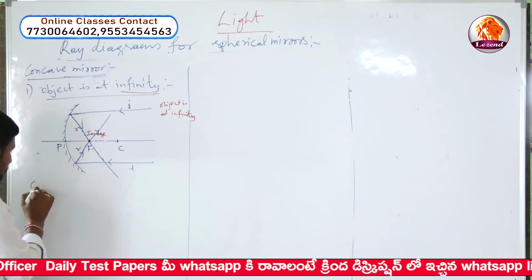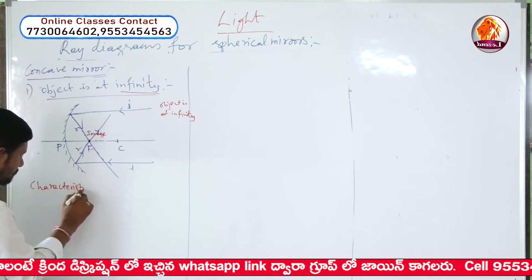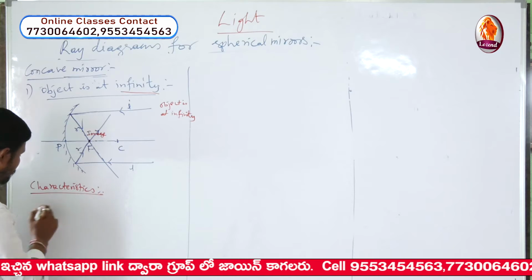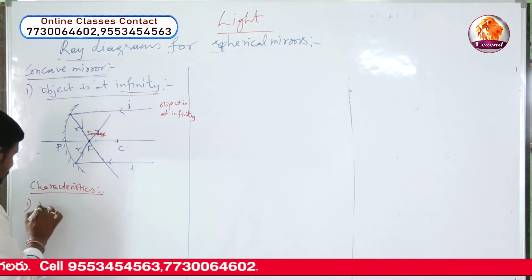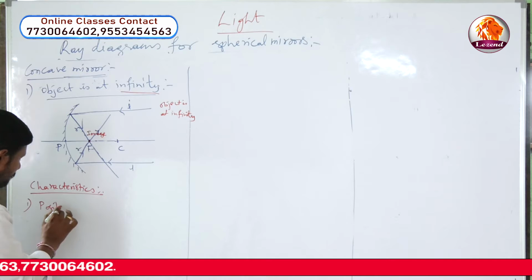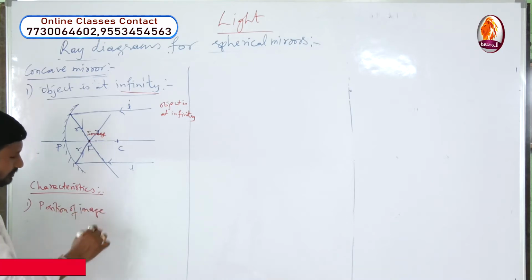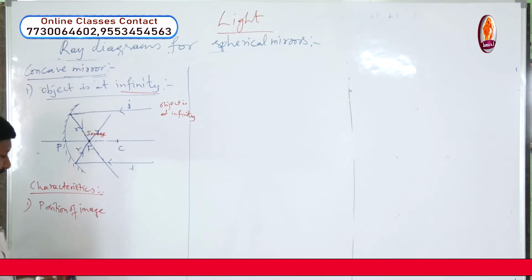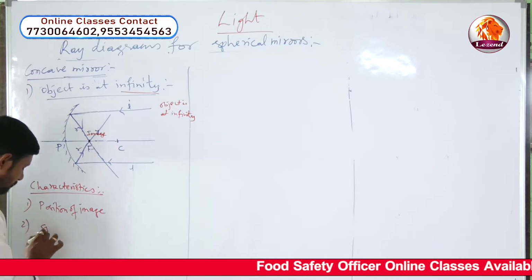And what are the characteristics now? Number 1, we need to say about the position of the image. We have to talk about 3 important points. Where is the image formed? Number 2, what is the size of the image?